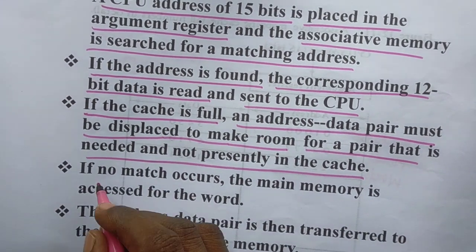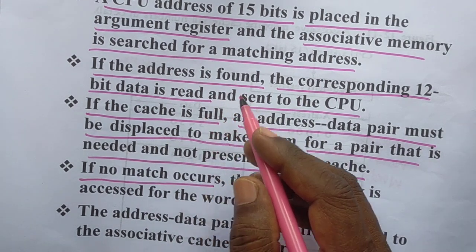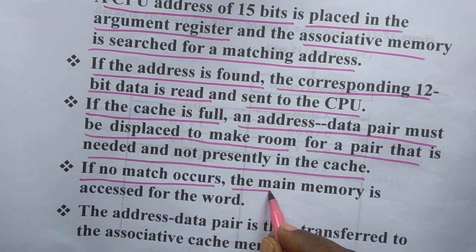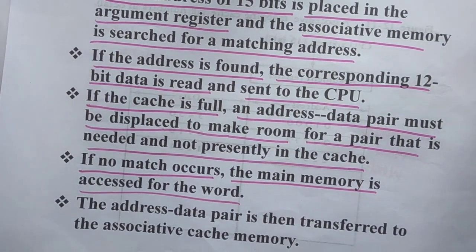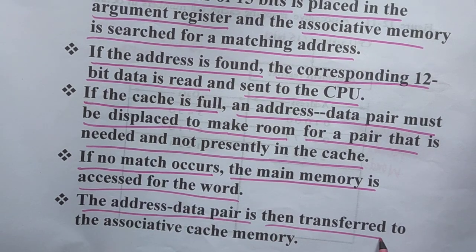If no match occurs, what happens? If the address is found, we can retrieve the data from the cache or associative memory. If not found, the main memory is accessed for the word, and the address-data pair is then transferred to the associative cache memory.